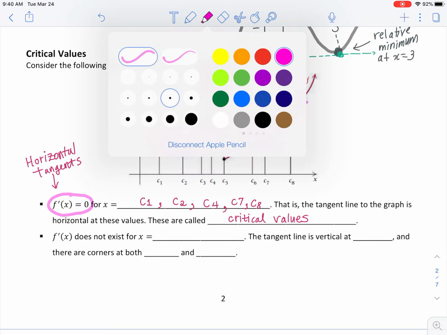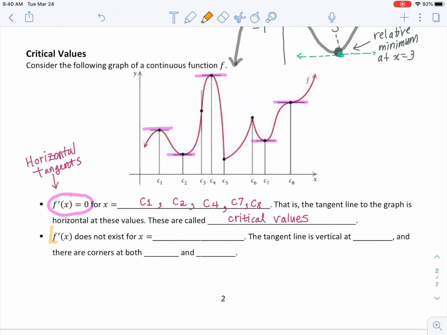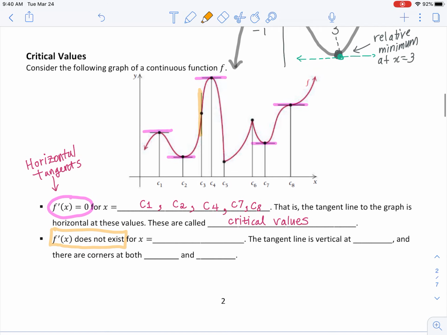F prime of x does not exist. Now, this time, let's find the points where the derivative does not exist. Remember, there were a couple of cases. The derivative doesn't exist when we have a vertical tangent. Like right here, we have a vertical tangent. Anywhere else we have a vertical tangent? No. The tangent line is vertical at that one point, C3.